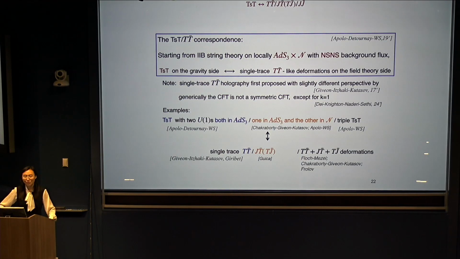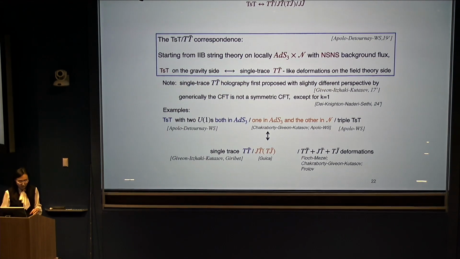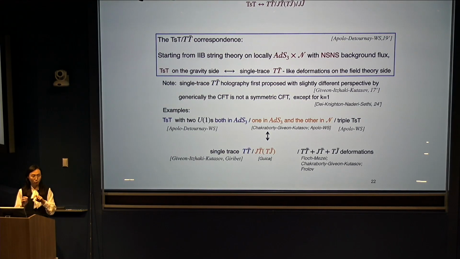What it refers to is that if we start from type IIB string theory on AdS₃ with NS flux, and do a TsT transformation on the gravity side, we find, quite interestingly, that if we do this single trace TTbar deformation in the field theory, there are lots of quantities that can be matched to each other.